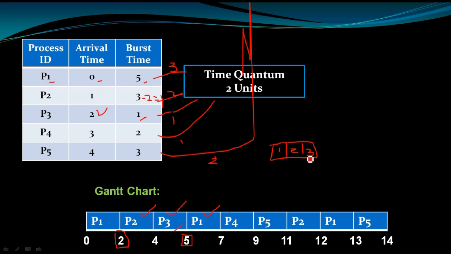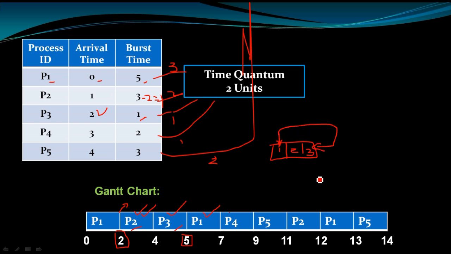So at 2 milliseconds we had these three processes in the queue. The first one is in the CPU, executing its burst time. When P1 completes its burst time at 2 nanoseconds, P2 will get the CPU, and P1 is put into the tail of the ready queue.